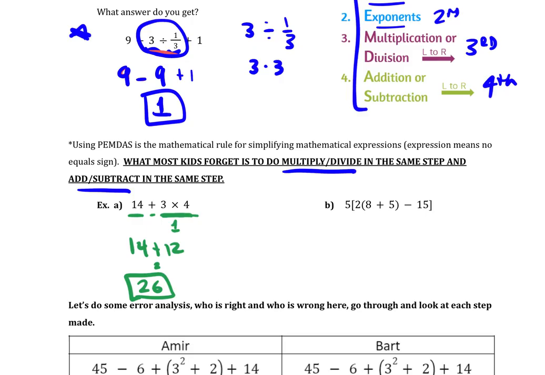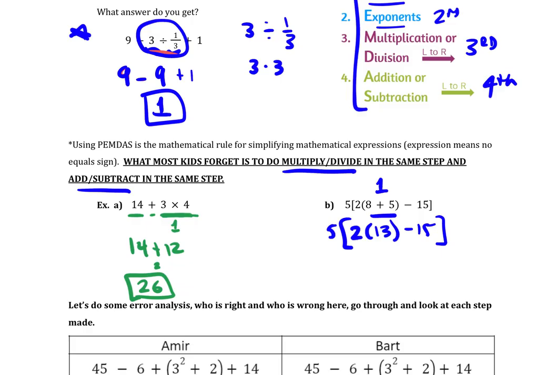Okay, so now on letter B over here, I've got a whole mess of parentheses inside parentheses inside parentheses and all sorts of things. So what I want to do is work inside out. That means I'm going to do this first. So I'm keeping the 5, I'm keeping this bracket. This now becomes 13 minus 15.